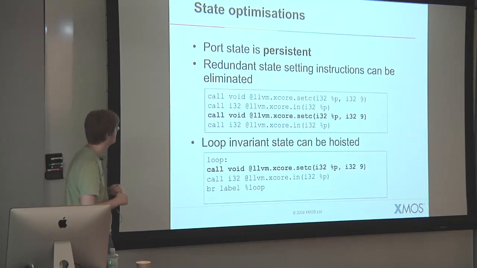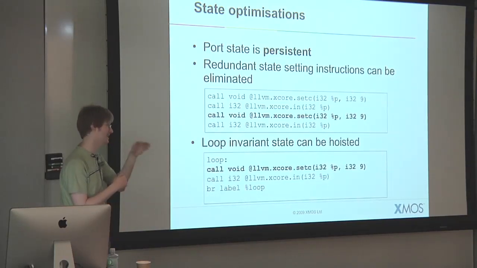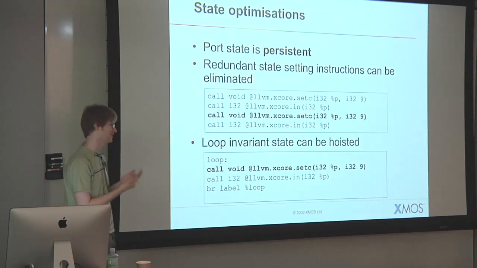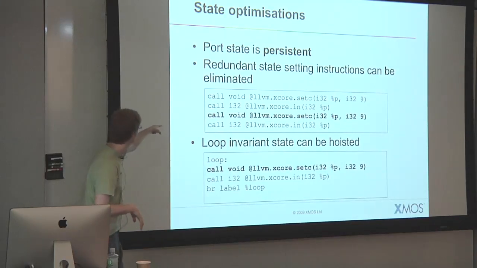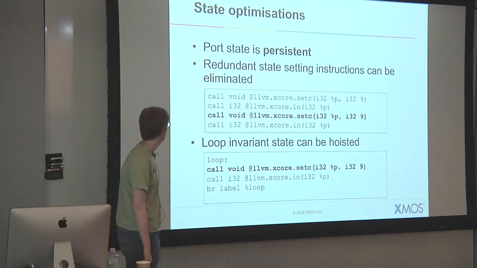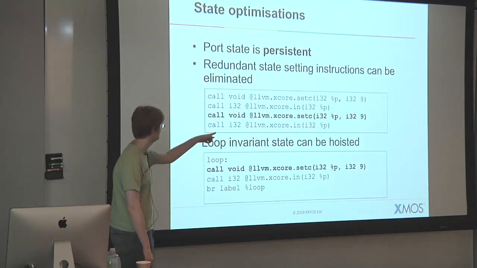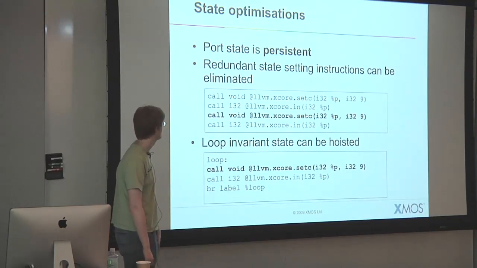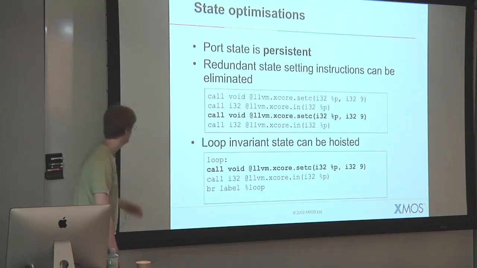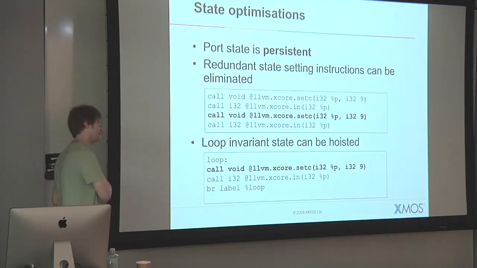So if you've got multiple configuration instructions which are setting the same condition or setting the same data, you can eliminate all but one of them. So that's the first case there, of just eliminating the set C, which is redundant in that case, and also you can hoist them out of loops.